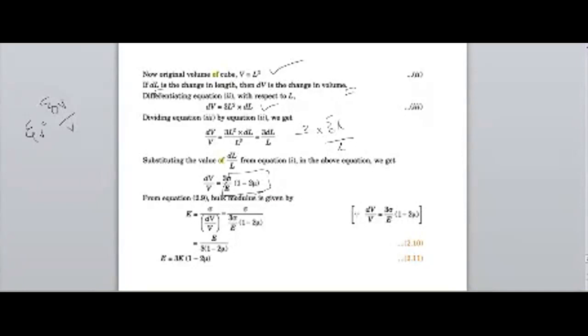Therefore, I can substitute in the bulk modulus equation, that is stress by volumetric strain. Here stress and stress will be cancelled. We will get the relation capital E is equal to 3K into 1 minus 2 mu. This is the derivation for the relationship between Young's modulus and bulk modulus.